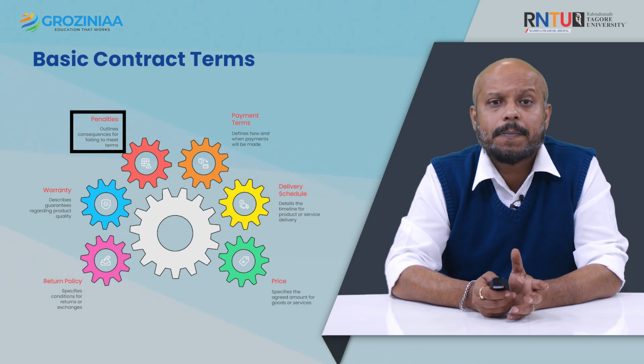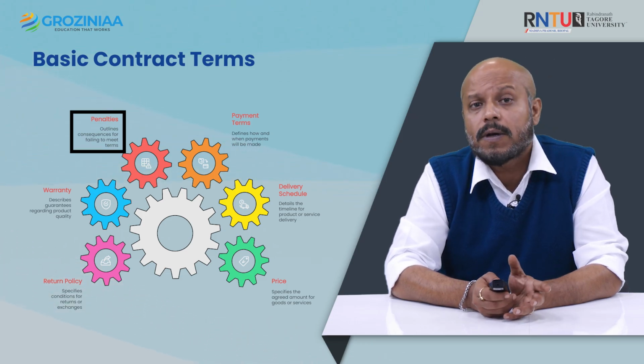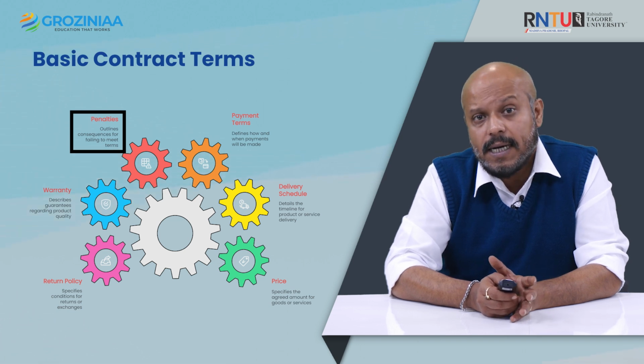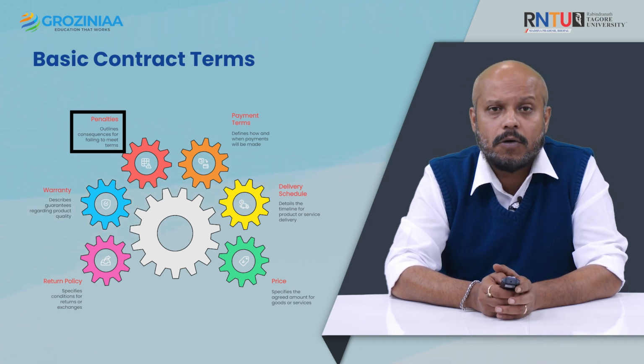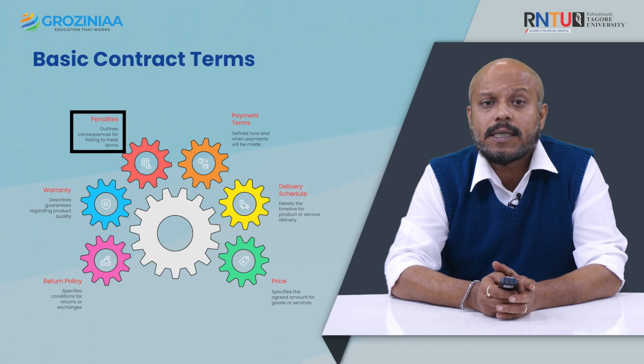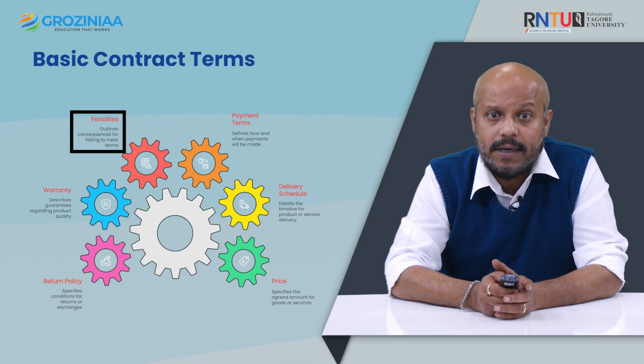Penalty clause, like payment terms, can also vary. It can be 0.01% of the contract value with some days attached. If I explain in very, very simple terms, say I have committed to a 60 days delivery period, but I am unable to deliver till the 70th day.